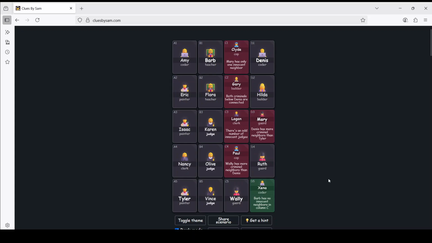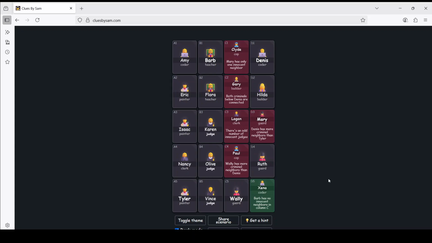So if there's an odd number of innocent judges, that means there are going to be either 3 innocent judges or exactly 1 innocent judge, because every other possibility would be an even number of innocent judges, including 0. 0 is considered even in this game, which is important to remember.